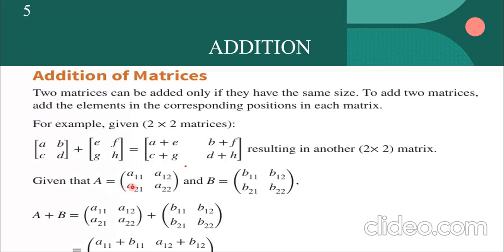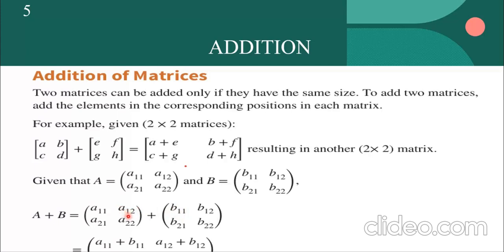When you take the second example, you have A, which is at the position of the first example. A in the first row, first column will be added to B, which is at the first row, first column.